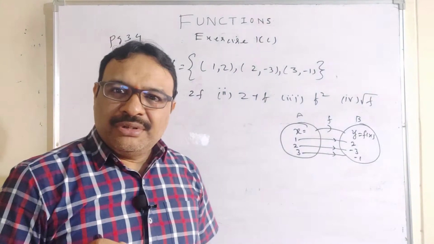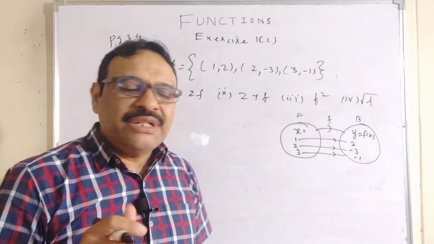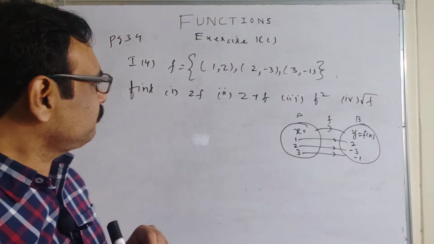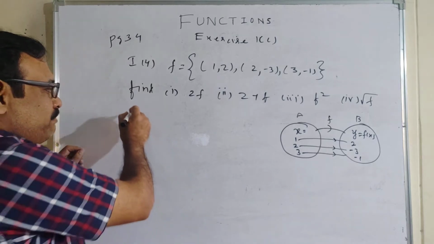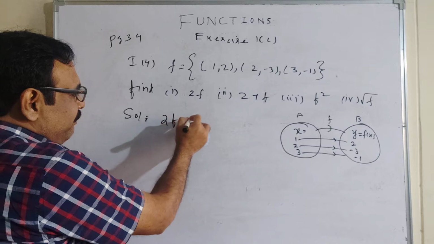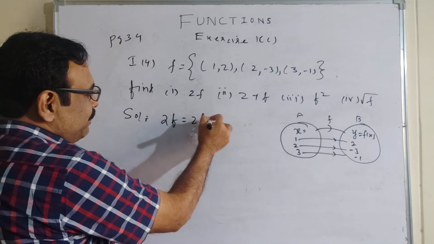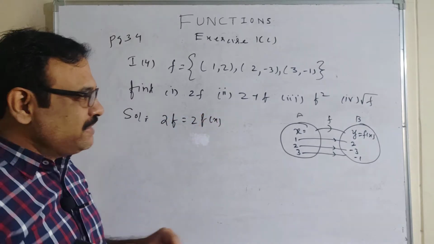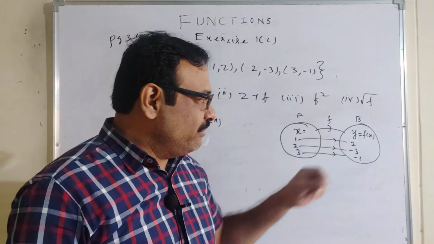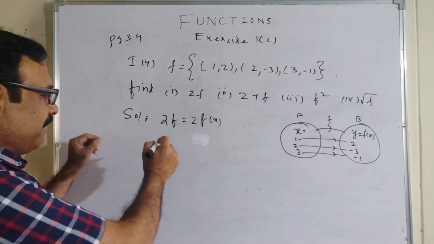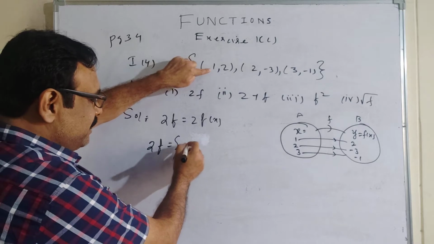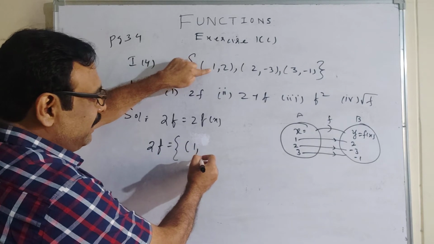Now coming back to what I am trying to explain, very simple. 2f means you are just multiplying 2 into f of x. That means all the codomain elements should be multiplied with 2. For example, if I am writing 2f, you will be writing it this way. This is the domain element, leave this one.